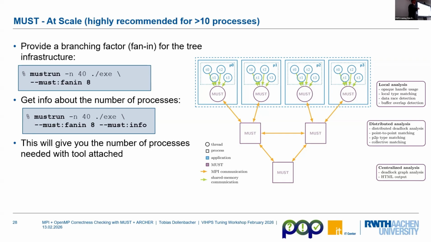Yeah. So eight application processes are handled by one MUST process, and then all the 5 MUST processes are handled by one additional MUST process, which is doing the centralized analysis, the centralized parts.